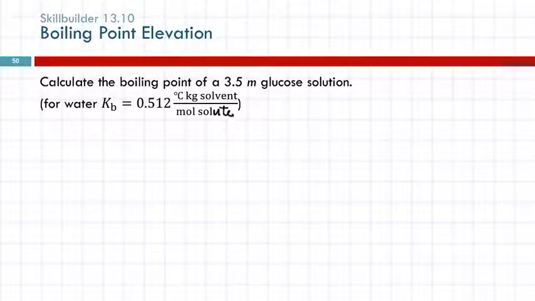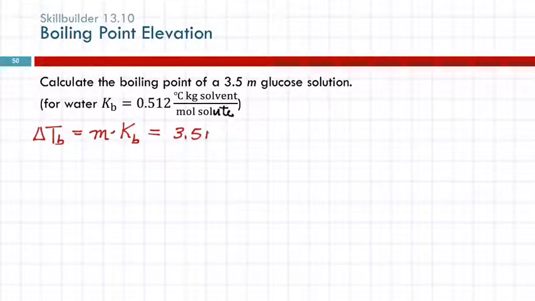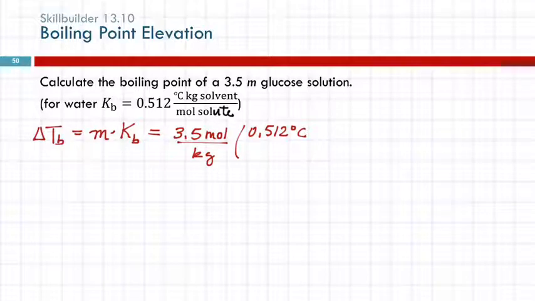So we're asked to find the boiling point. Well, first calculate the boiling point elevation, the change in the boiling point. The change in the boiling point equals the molality times the boiling point elevation constant. So we're given the molality 3.5 moles per kilogram multiplied by this constant, 0.512 degrees Celsius times kilograms divided by moles.